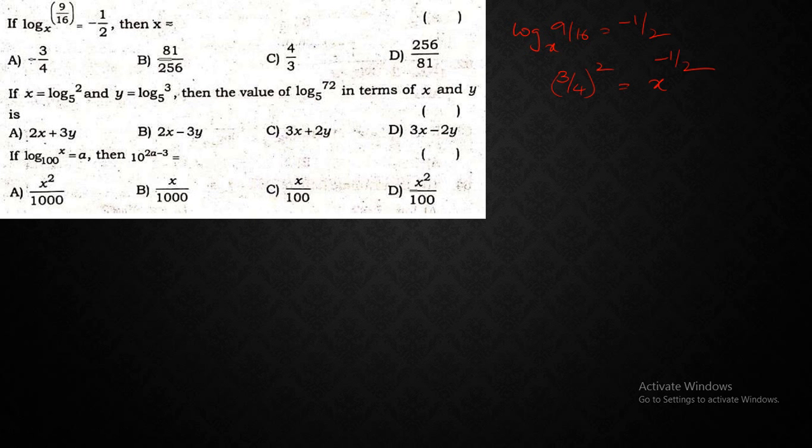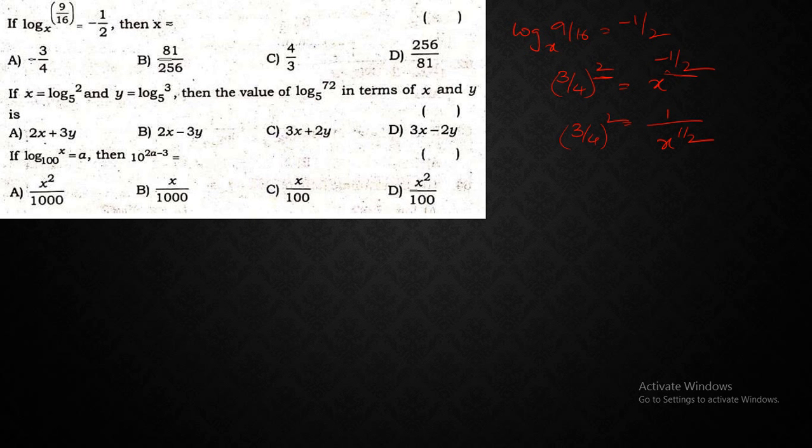Now in the next step, if I transpose this minus 1 by 2, so this x power minus 1 by 2 I can write as 1 by x power 1 by 2. So from this what I am going to get? 3 by 4 whole square.